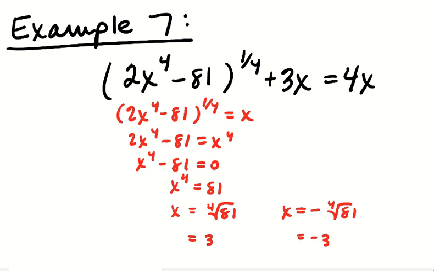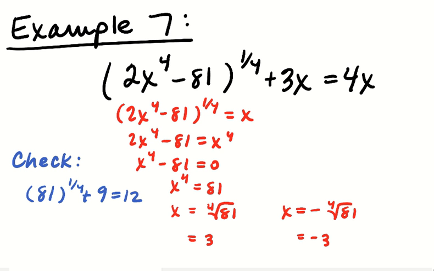Okay? So I'm going to check over here because I didn't leave myself enough room. All right, when x is 3, I've got 3 to the 4 is 81. 2 times 81 minus 81 is just 1 times 81. Plus 9 equals 12. Okay, 81 to the 1/4 is 3, plus 9 does equal 12. Okay, you plug in negative 3.